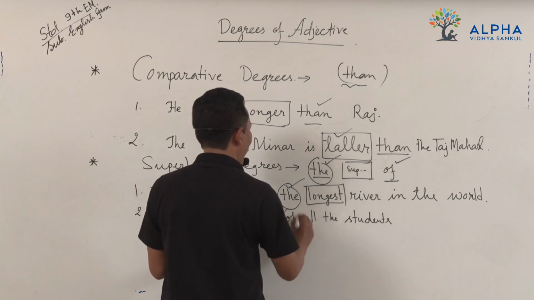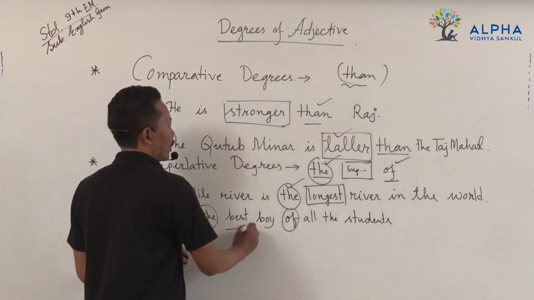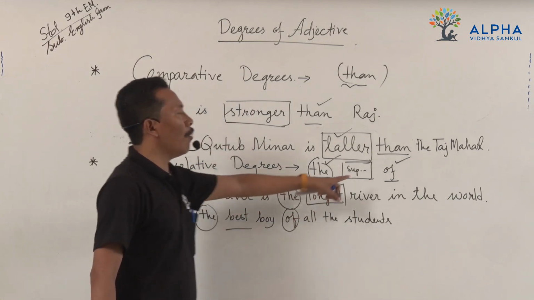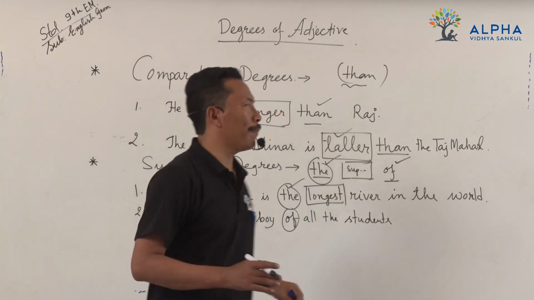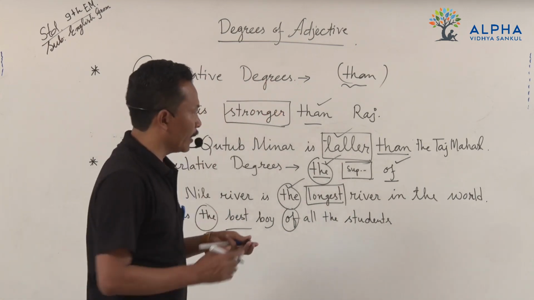Here you may find of. So sometimes of may come or may not come. It depends on the sentences.